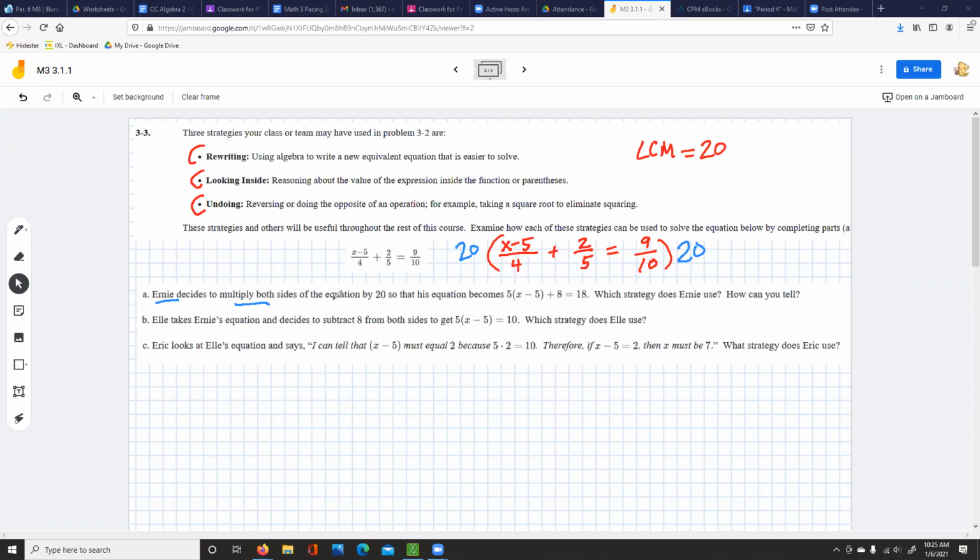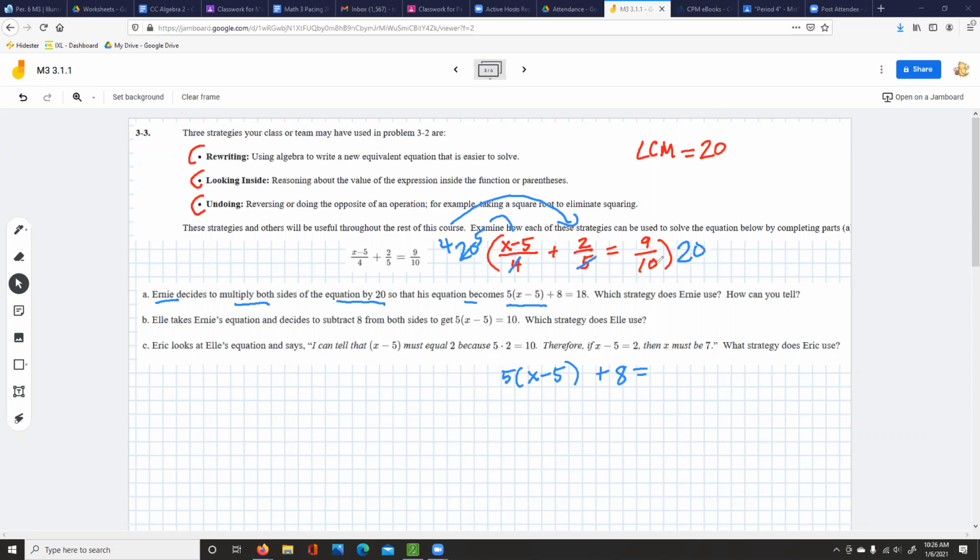Ernie decides to multiply both sides of the equation by 20 so that his equation becomes, if I multiply by 20, this 4 is going to go into this 20 5 times. And then so we're going to get 5 times x minus 5. And then the 5 is going to go into the 20 4 times. So we're going to have to multiply 4 times 2, which is 8.